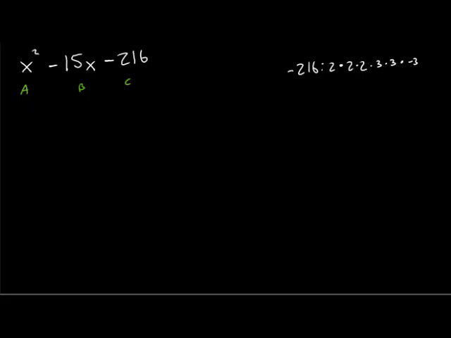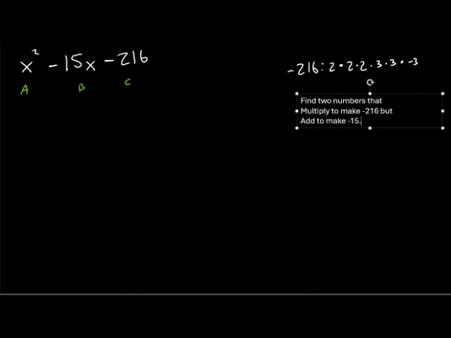Anytime you have a trinomial like we have, we are looking for 2 numbers that could multiply to negative 216 and add to negative 15. To figure this out, we're going to divide that negative 216 by any combinations of numbers in the prime factorization chain that we can think of.